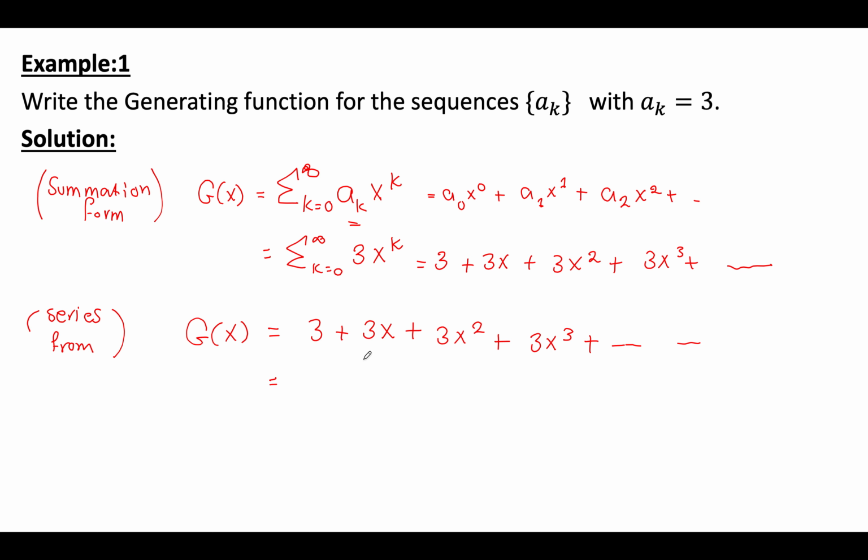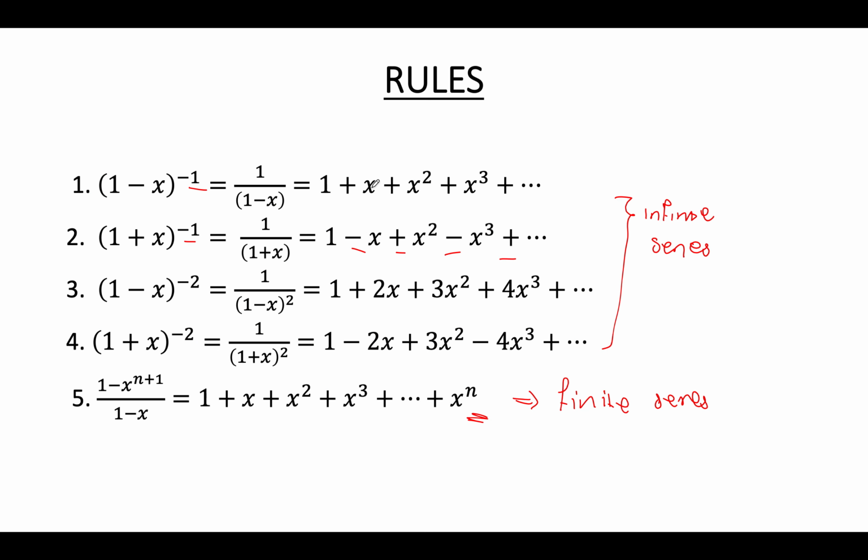So we can take 3 as the common factor, and what is left inside is 1 plus x plus x squared plus x cubed plus etc. And if you remember from the first rule, this series form is equal to 1 over 1 minus x, which equals (1 minus x) to the power minus 1.